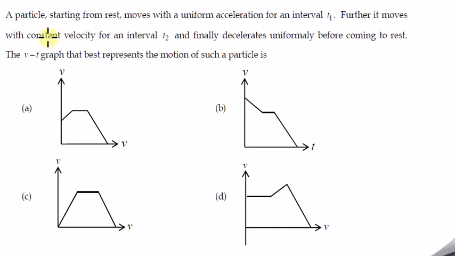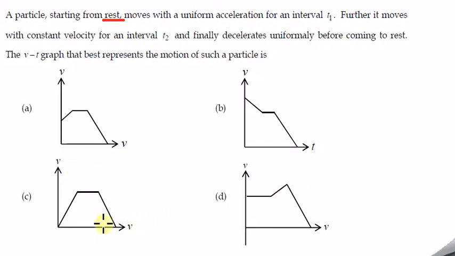So here is a question based on velocity, speed, acceleration, and deceleration. A particle starting from rest. Starting from rest is a very important point to highlight. This is very important, because you have to start analyzing the options.